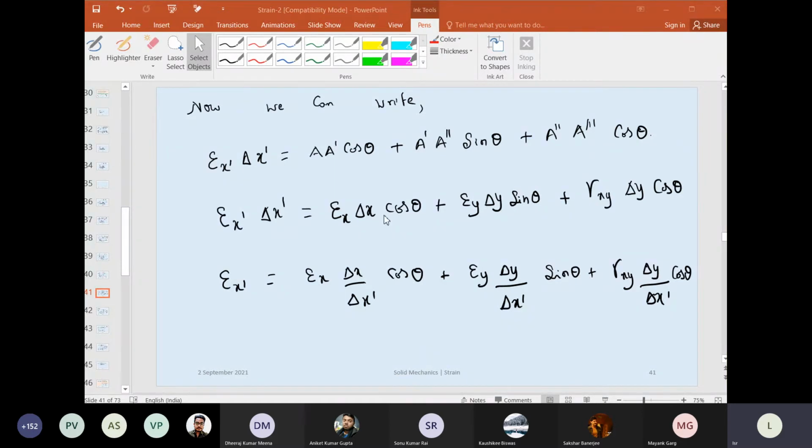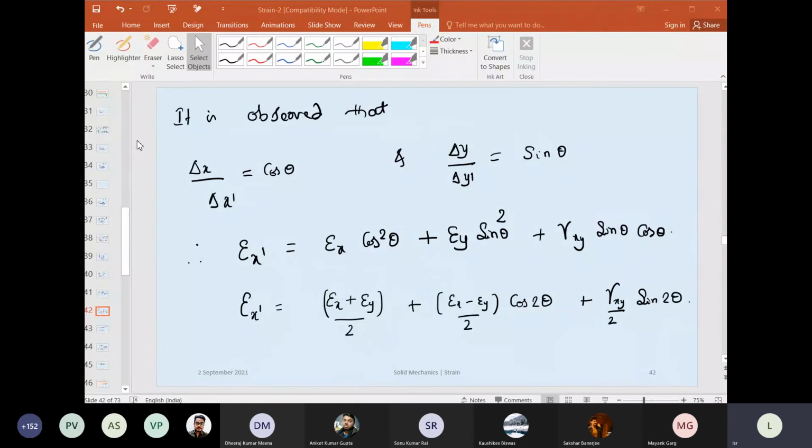Epsilon x delta x, because A dash is nothing but epsilon x delta x cos theta, epsilon y delta y sin theta, gamma xy delta y cos theta. Then this is delta x by delta x prime.